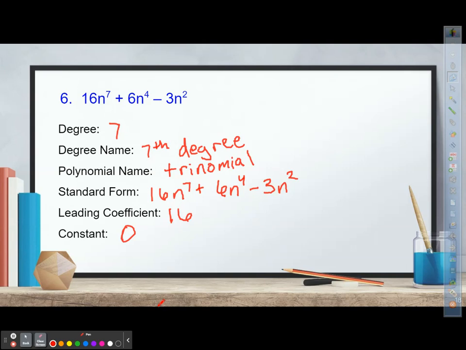And then on the back, 12 through 15 says determine whether the polynomial is a monomial, binomial, or trinomial, and then state the degree and the degree name. So 3 things on 12 through 15. And then 16 through 21 says write each polynomial in standard form, classify it by its number of terms and by its degree, identify the leading coefficient, and identify the constant.